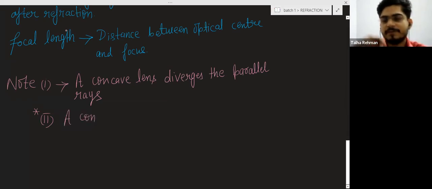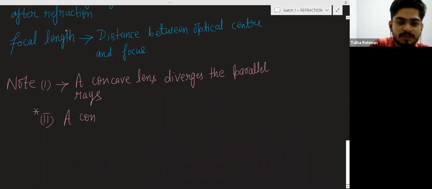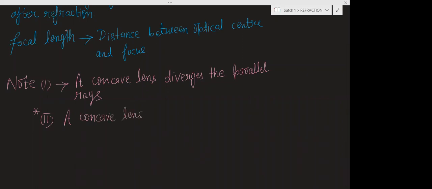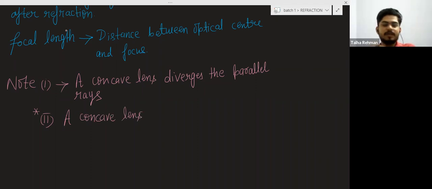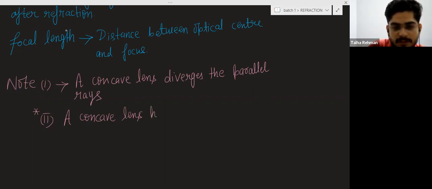Can anyone tell me why the concave lens has a virtual focus?